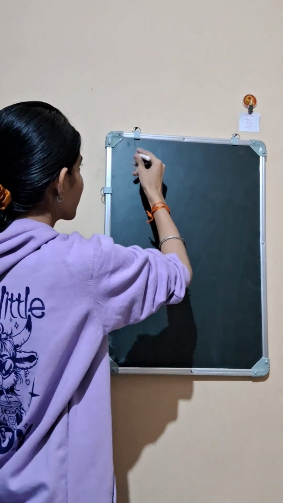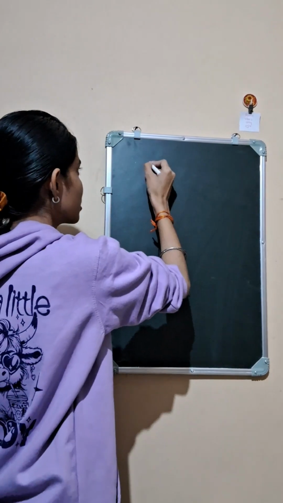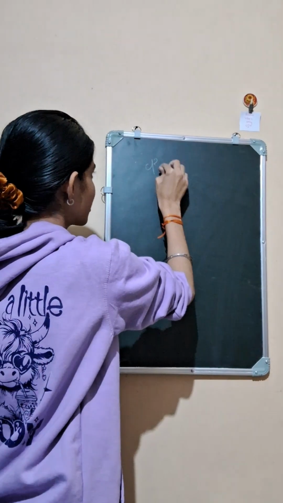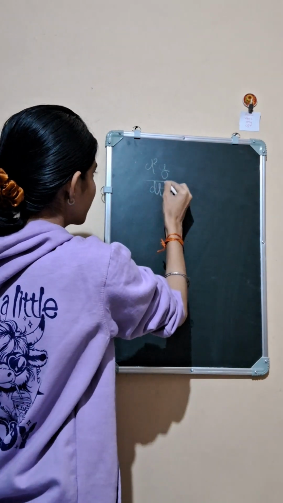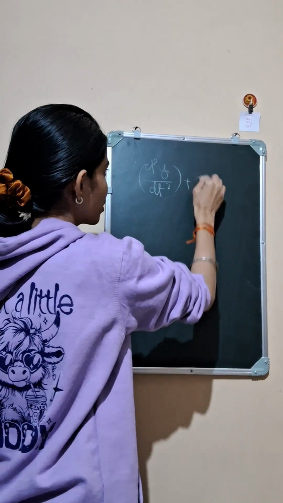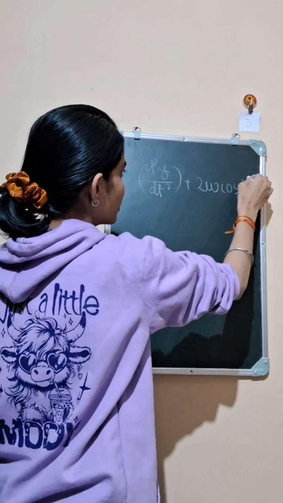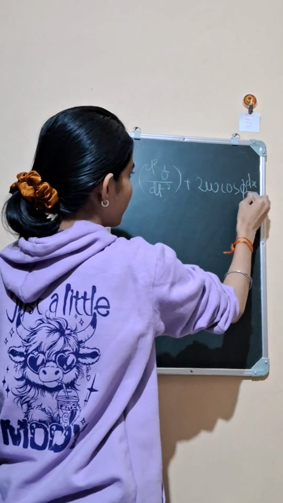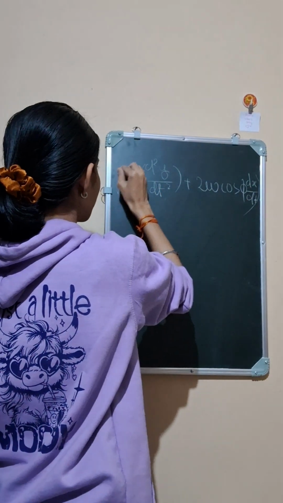So here I found that the j cap component was something like this: d2y by dt square plus 2 omega cos phi dx by dt, right, j cap.